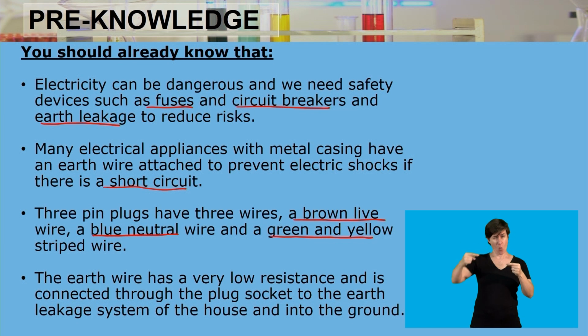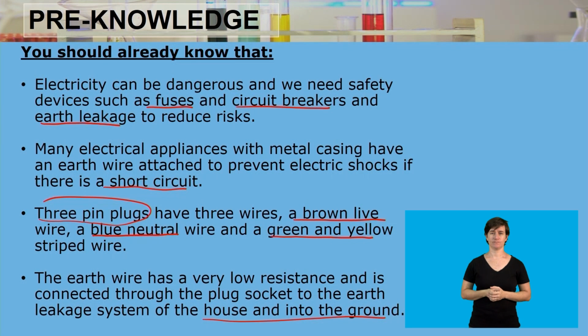The earth wire has a very low resistance and it is connected through the plug socket to the earth leakage system of the house and into the ground. With these things that we know, are we going to be able to answer the questions that we are asked based on the information that you already know?